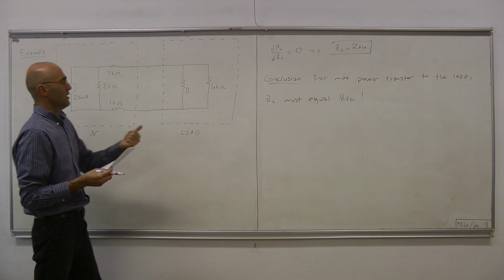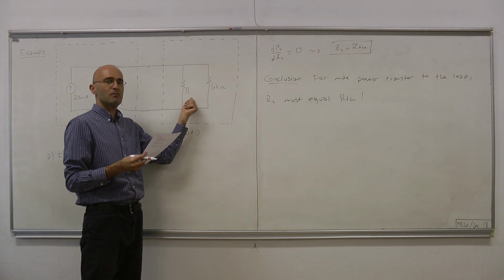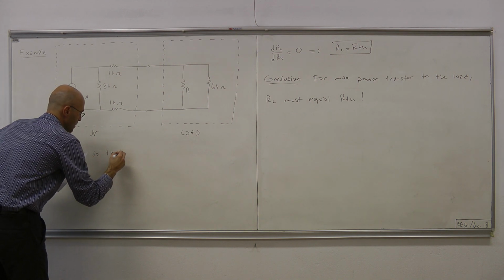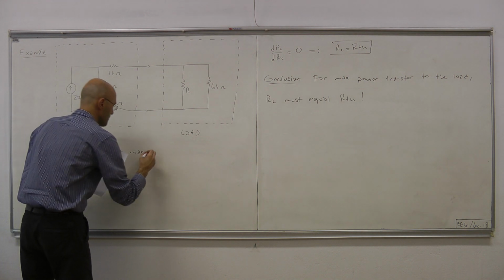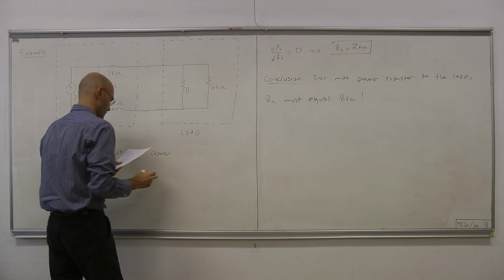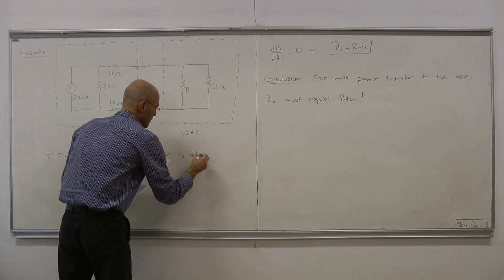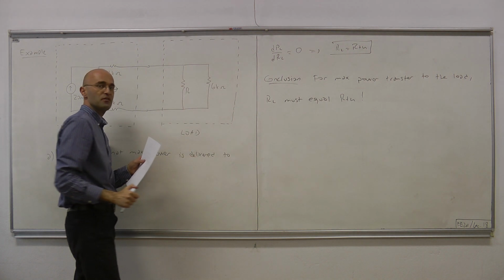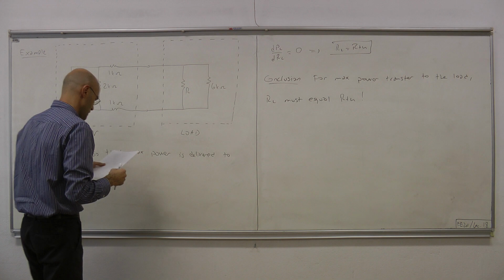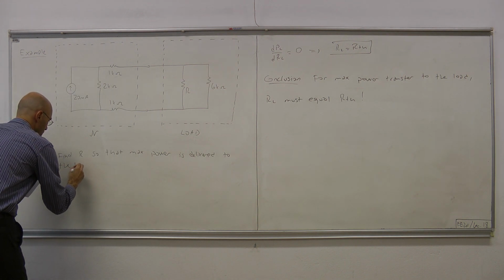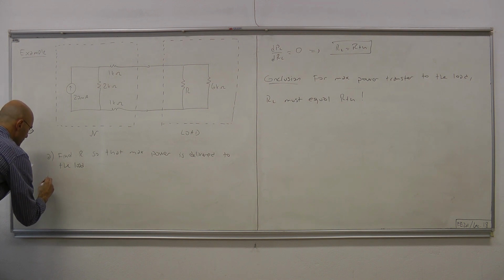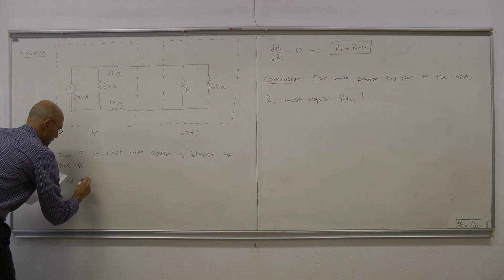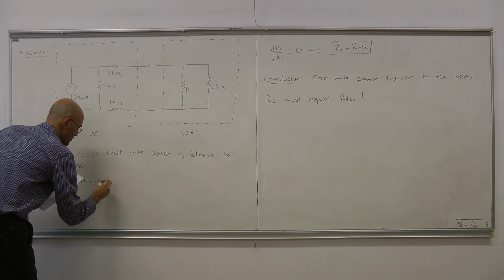So we can choose RL in an indirect fashion by playing with R. Find R so that maximum power is delivered, not to R, but to R in parallel with the 6 ohm resistor together, the load. So that's part A, and for part B, you will find what that power is. Find this maximum power.